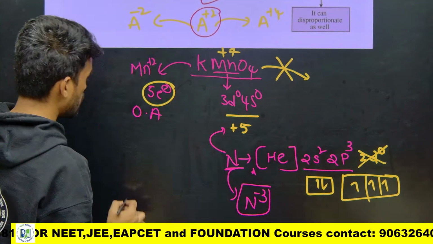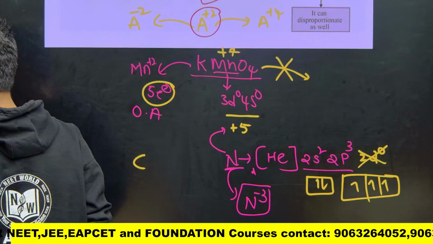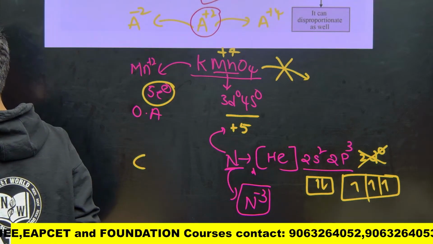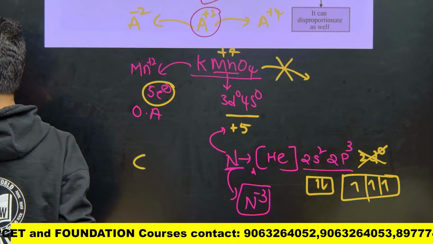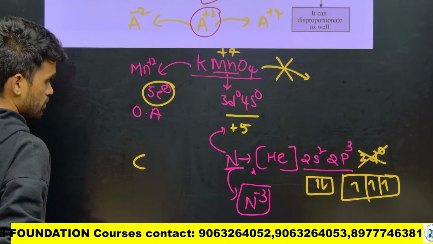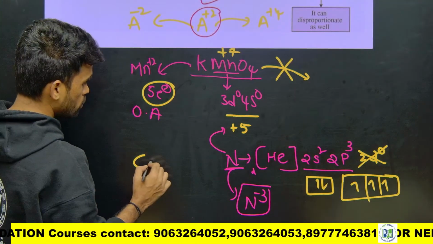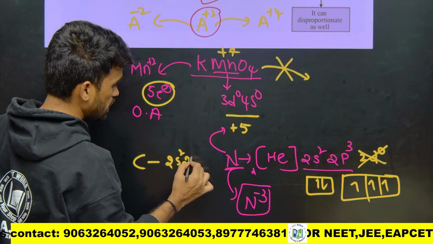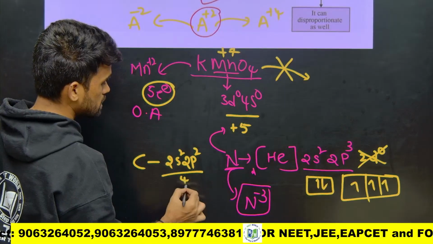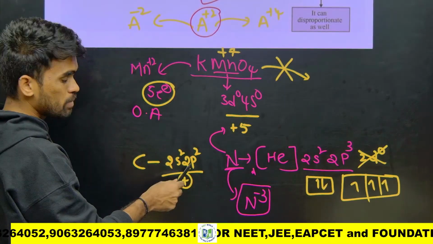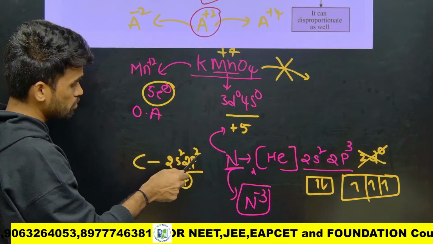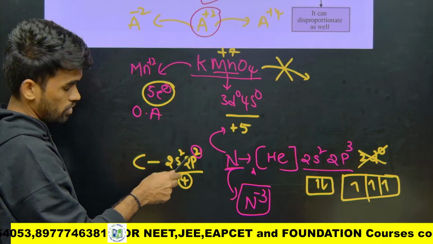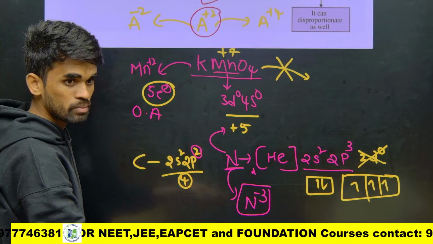Now similarly you tell me for carbon. What are the minimum and maximum oxidation states possible here? Write its valence electronic configuration, 2s2 2p2. It has 4 electrons. The p orbital can accommodate a maximum of 6, but it has only 2, which means the remaining 4 can be gained.